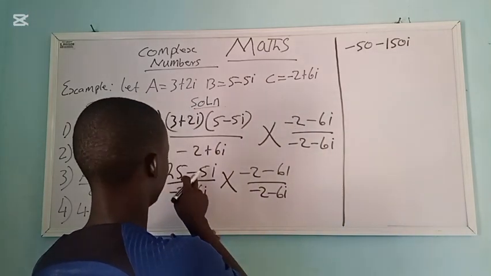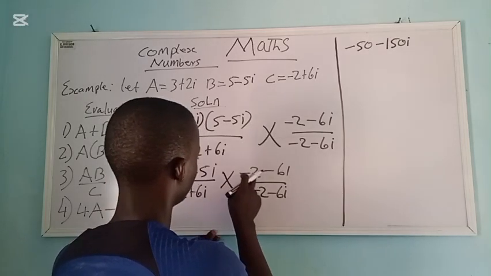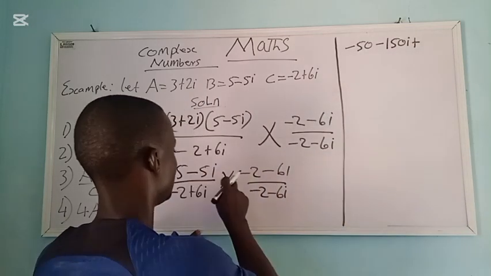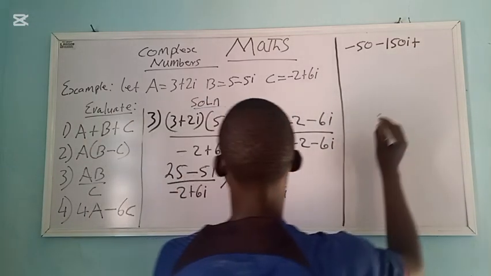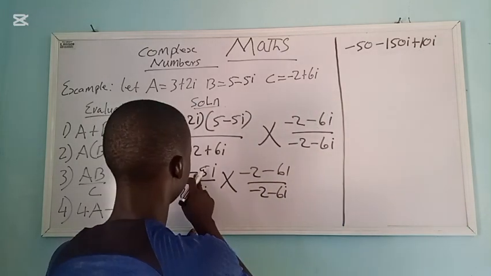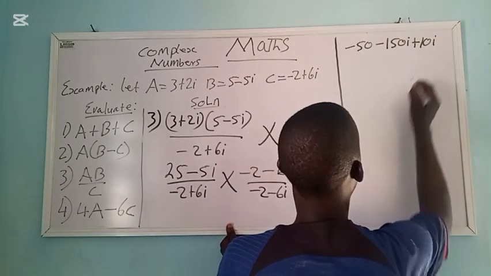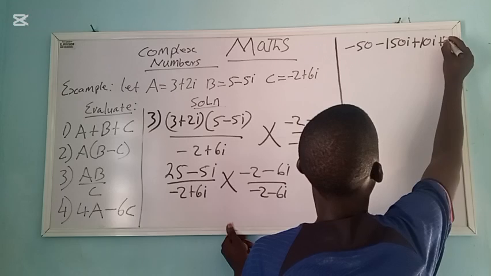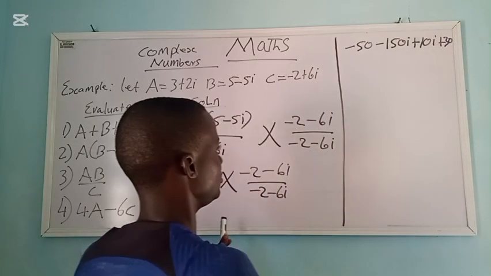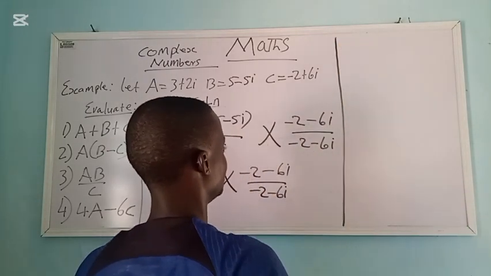Now we'll come back to this one. Minus 5i times minus 2 will give us plus, since minus times minus is plus, so it will be plus 10i. Minus 5i times minus 6i will be plus 30i squared. Oh, sorry, there is not enough space here. Let me arrange it well.